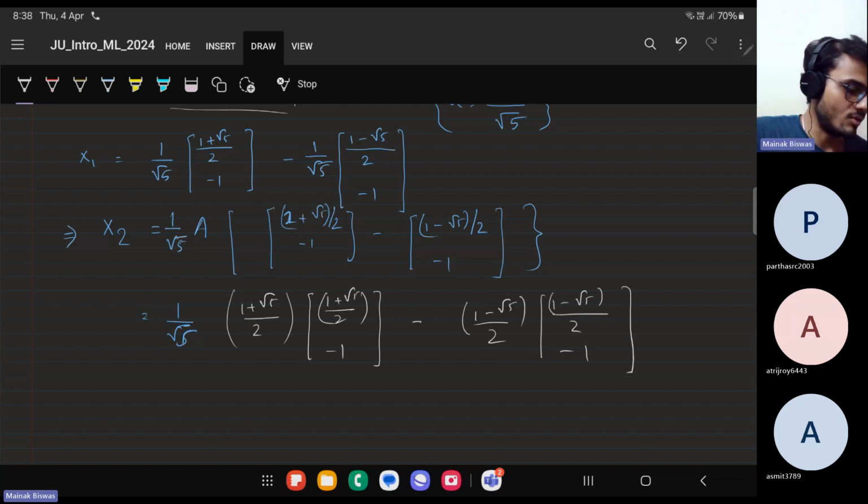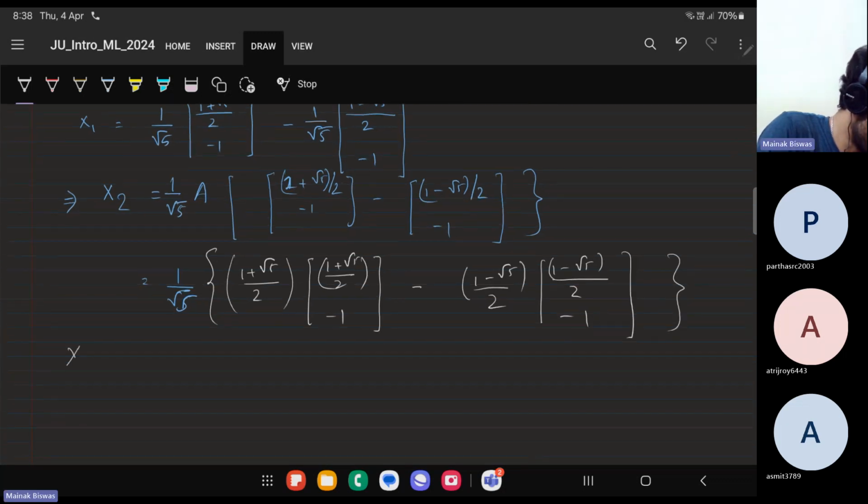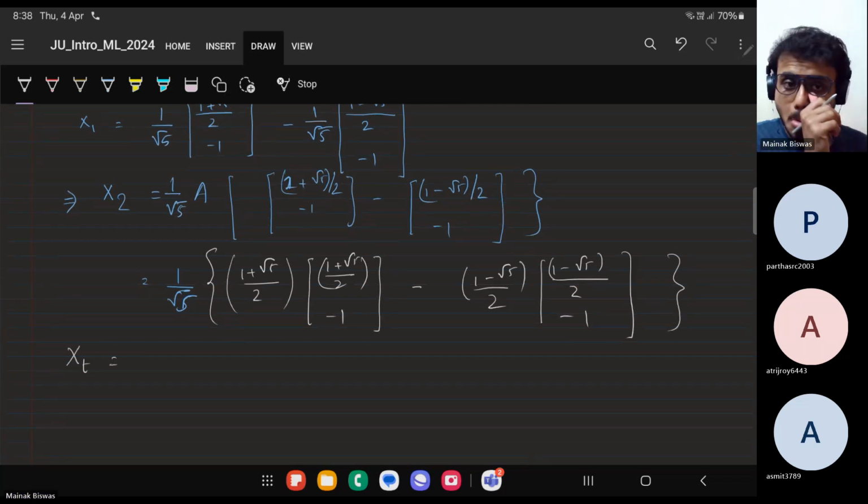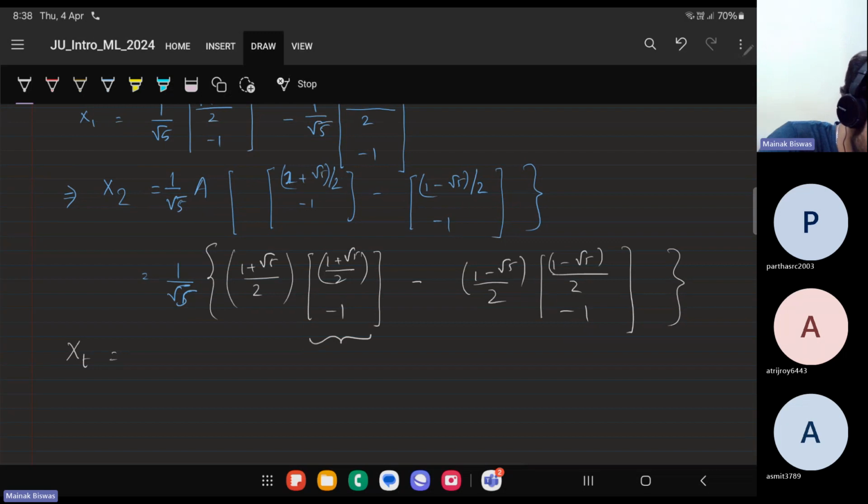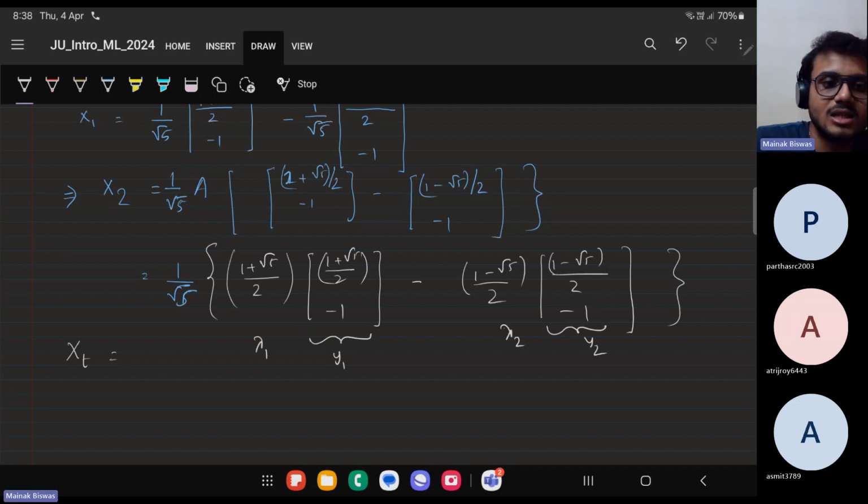Now, what will this be, ATB or XTB? This is again the eigenvalue. Y1, Y2, lambda 2, lambda 1. What will it be? XTB?